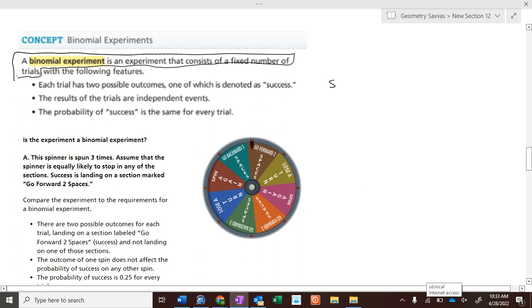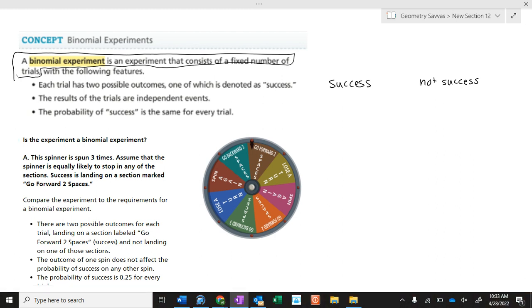It's either you're going to be a success or not a success, which is a failure, but we don't want to talk about failure in math class. So successful or not successful, okay? Now, each trial is an independent event, and the probability for success should be the same each time something happens to be a binomial experiment.